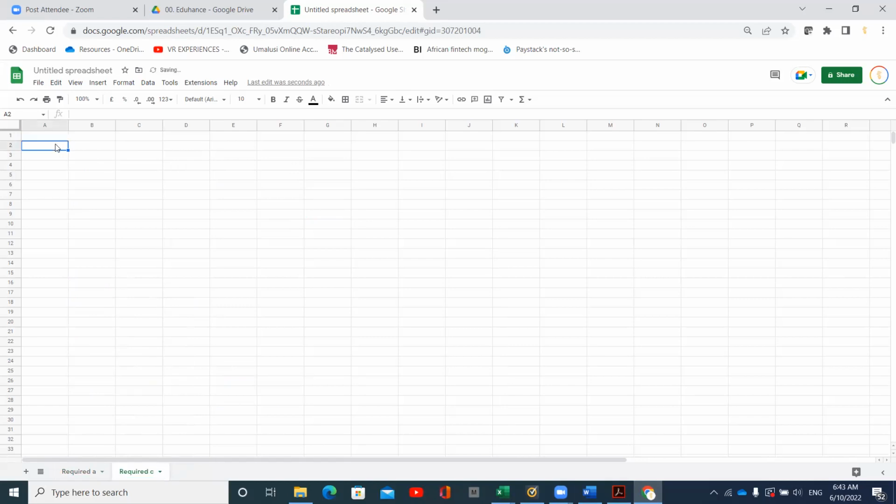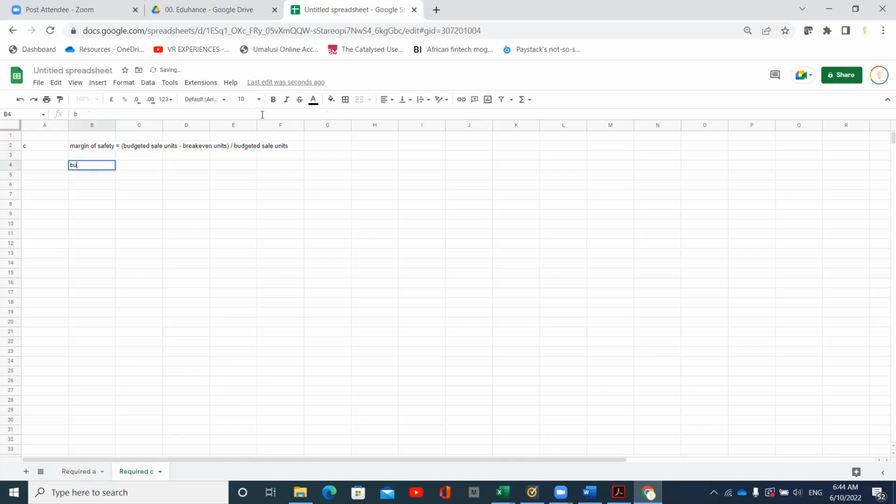So with required C, we want margin of safety. Margin of safety equals budgeted sales minus break-even sales, or I'll do it like that: budgeted units minus break-even units, divided by budgeted sale units.